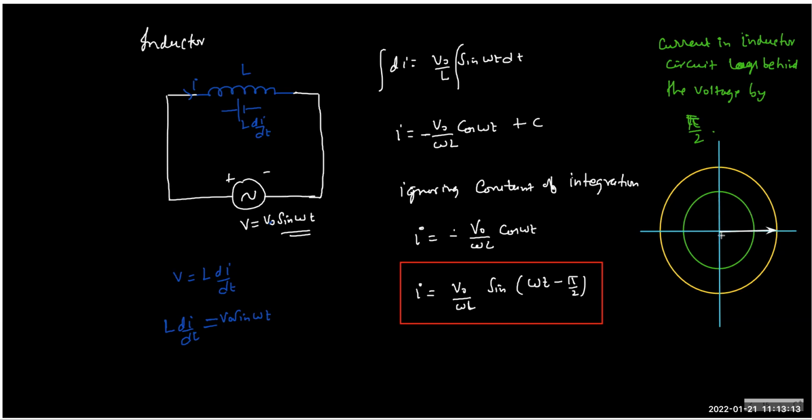So how to represent the lag? By turning, because it's minus, so we turn clockwise. Minus is like turning clockwise, if you remember the basic math lecture.